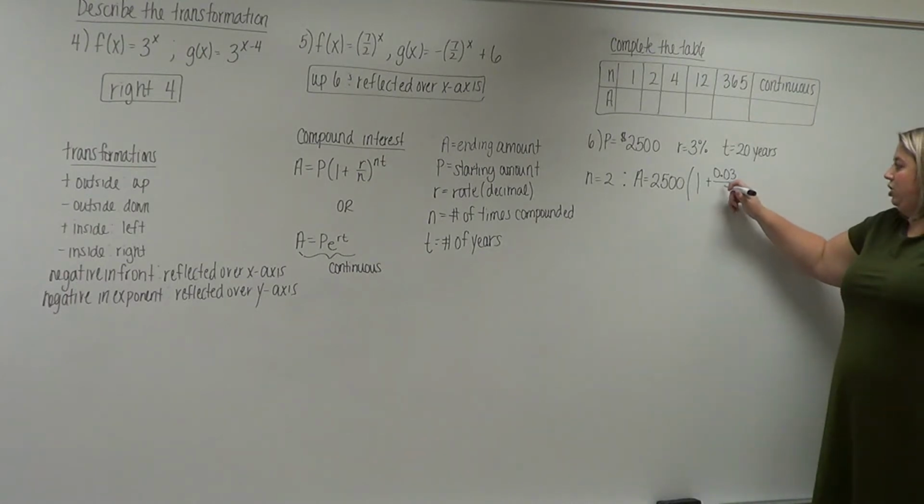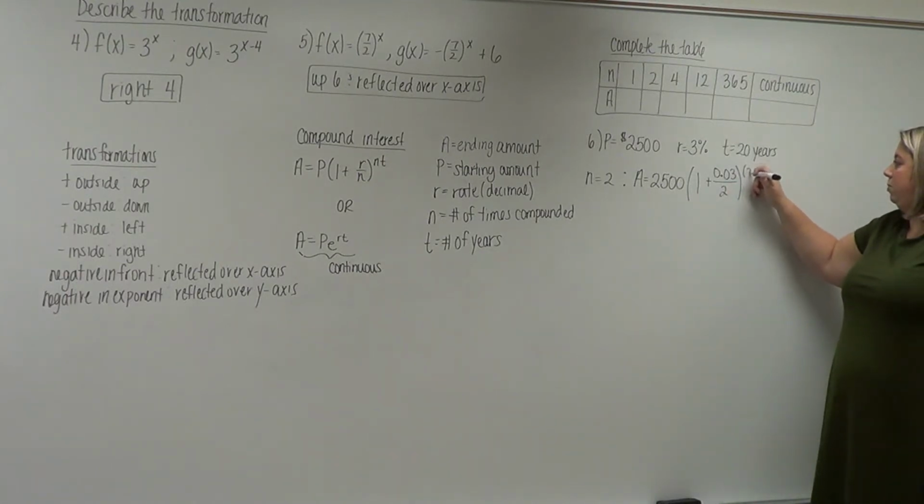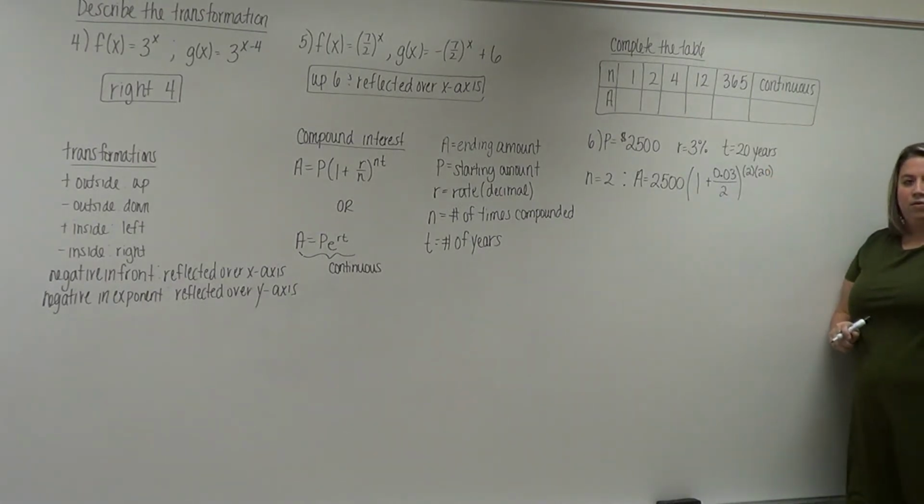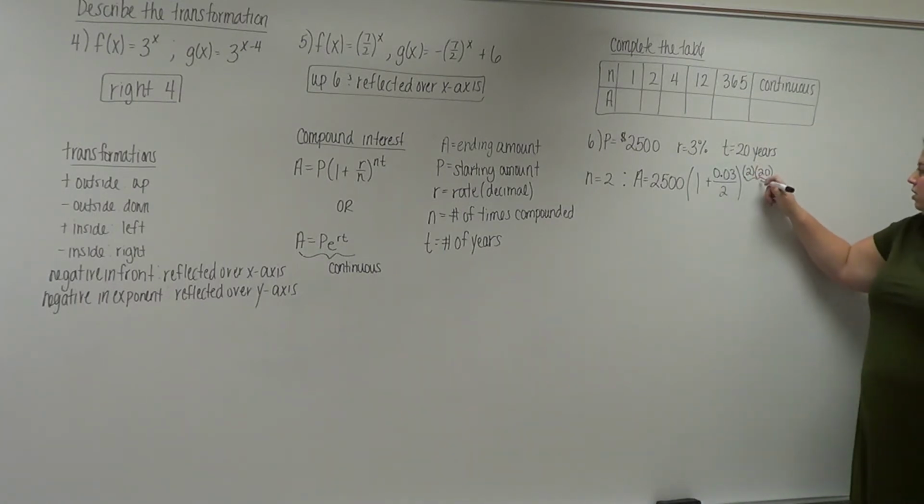My N is 2, and then this would be 2 times T, so 2 times 20. When you round, don't round until the very, very end. What is 2 times 20? So we know this is 40.